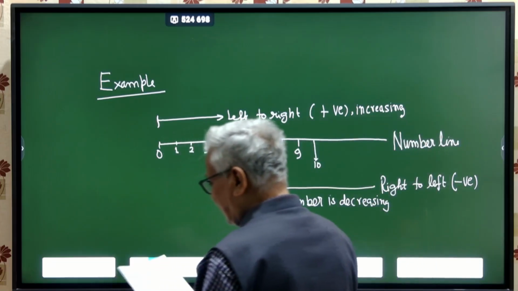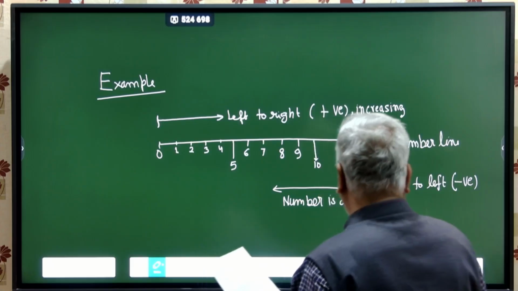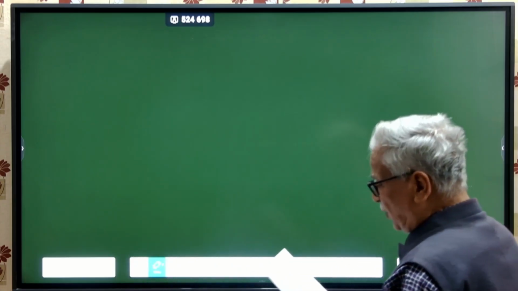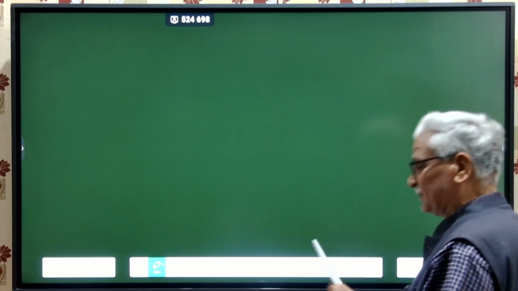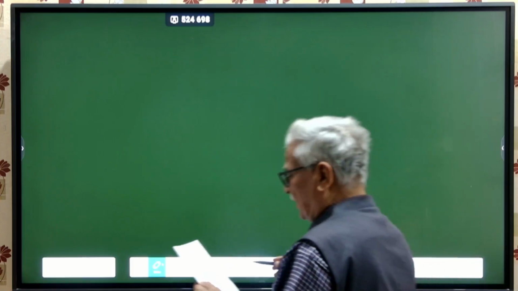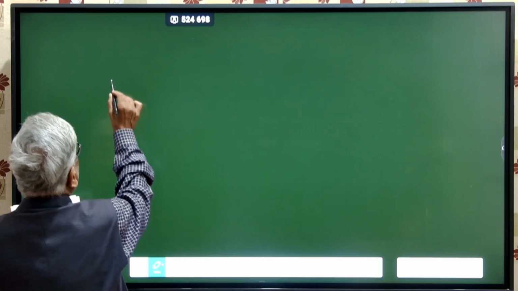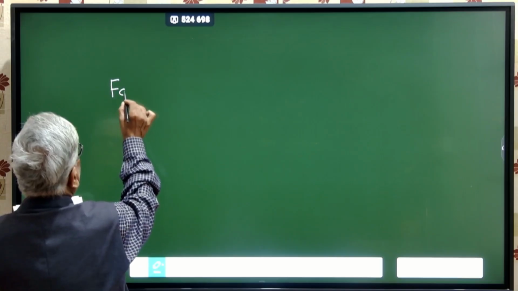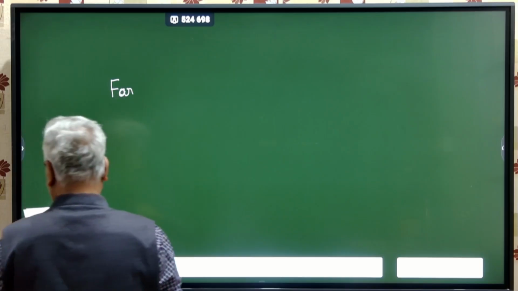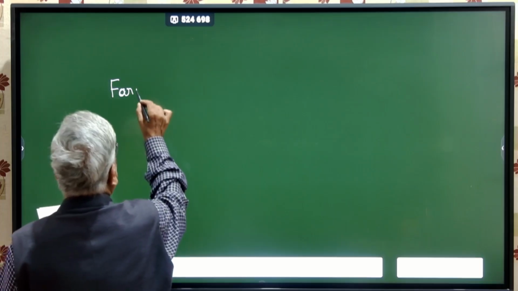Now, again there are some names which are always used frequently. For example, the word forward. Forward.